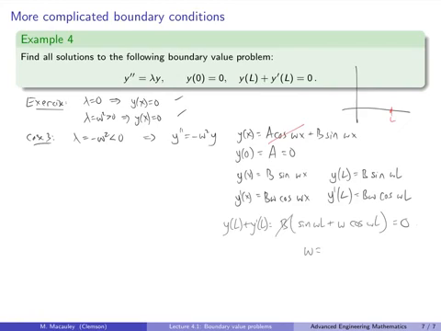Solving for omega, I get omega equals negative sine of omega L over cosine of omega L. In other words, omega is negative tangent of omega L. Okay, so what does that mean? That means that any omega that satisfies this is going to give us a solution, and lambda is just the negative of that omega squared.